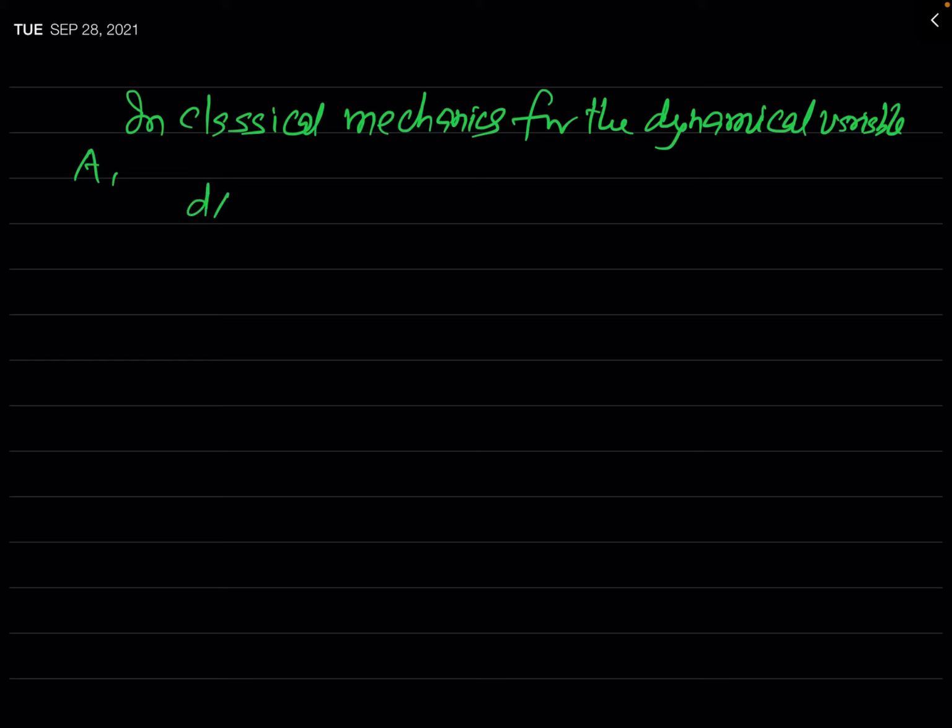You have seen in the introductory lecture, and you have studied these things in your course on classical mechanics. This is dA by dt. Here A is not an operator. In classical mechanics, this is just a dynamical variable. And this dA by dt is written as del A by del t plus the Poisson bracket of A and H. H is the Hamiltonian, just like in quantum mechanics.